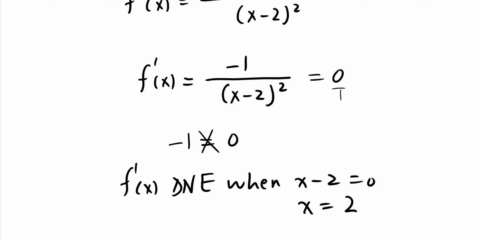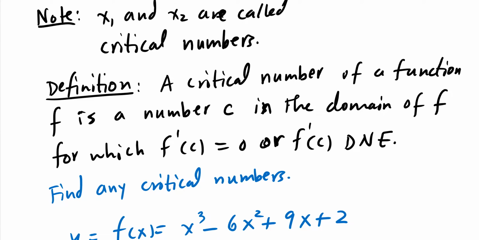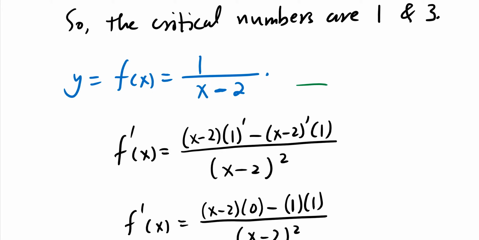The answer is no. And you might say, wait, you said critical numbers, you find them by setting f prime of x equal to 0 or does not exist. And what's wrong about x equals 2 here? Well, let's go back to the definition. It says a critical number of a function f is a number c in the domain. It must be in the domain of f. Well, what's the domain for this function?